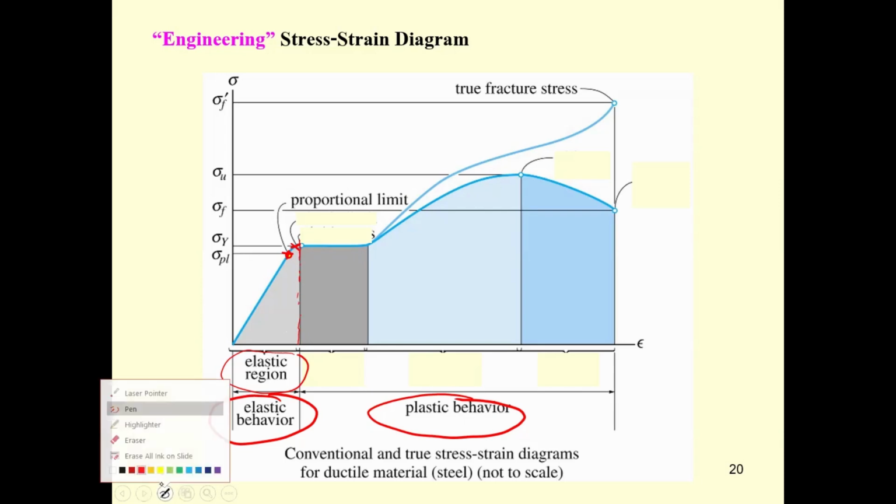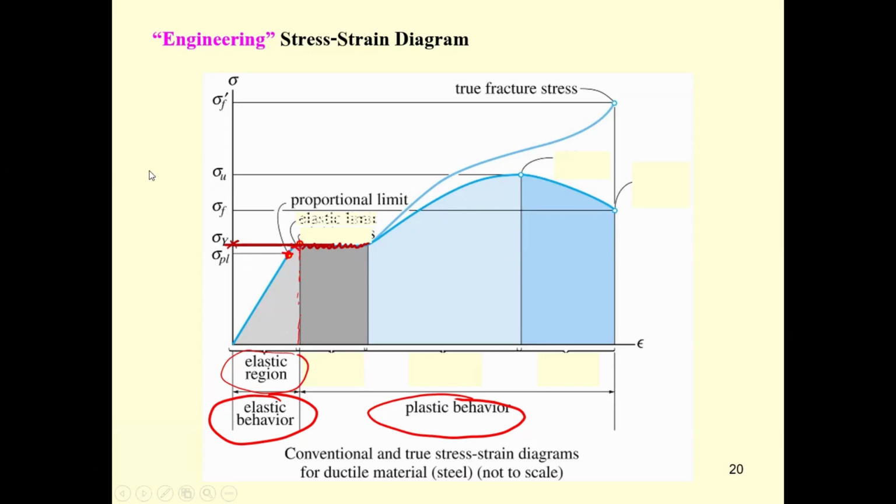Then, as Ajahn mentioned, the steel is going to yield, and you take this one as sigma sub y, the lower yield point. During this process, the yielding occurs, the stress does not increase, but deformation increases.